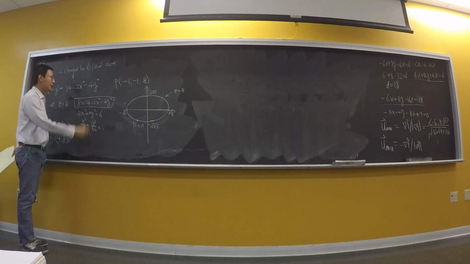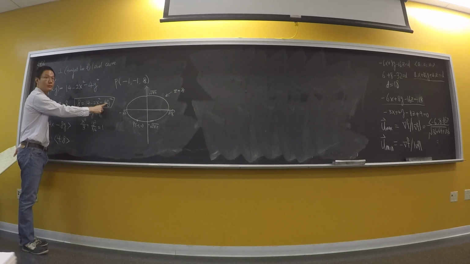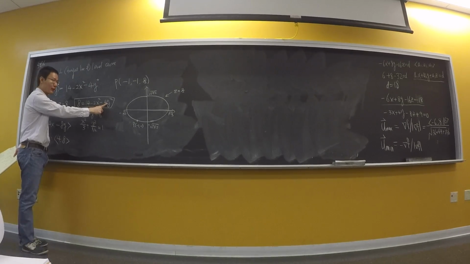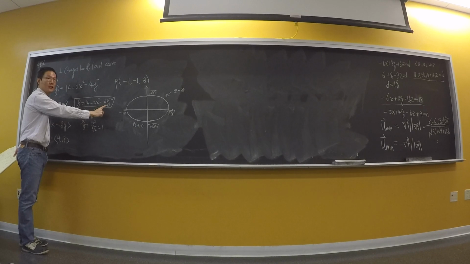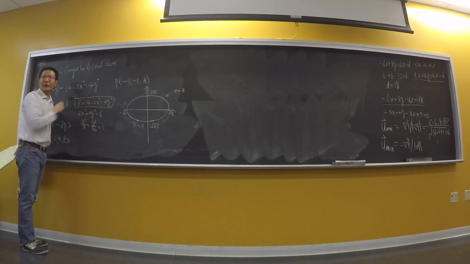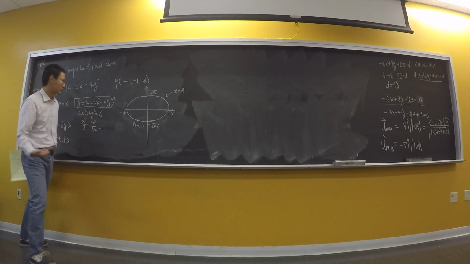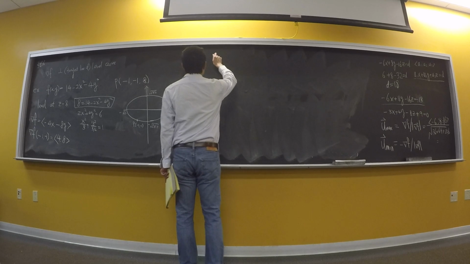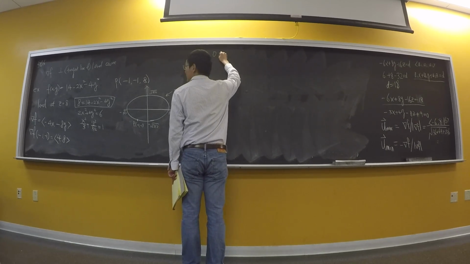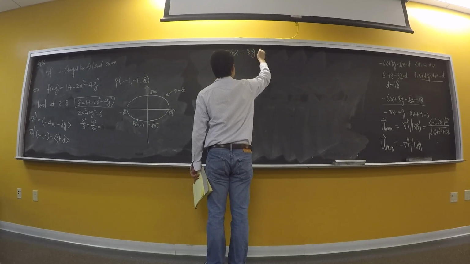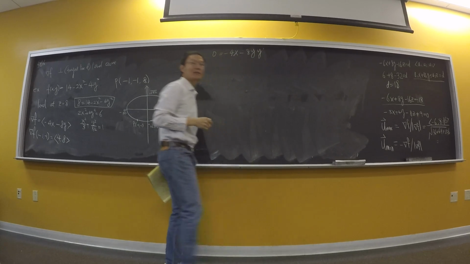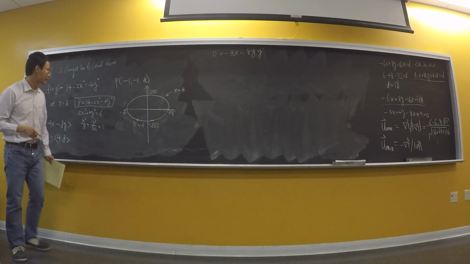With respect to x, y is a dependent variable, depending on x. So when I take the derivative of this term, I have to use the chain rule. I get 0 equals 0 minus 4x minus 8y y prime. So that's taking the derivative on both sides.